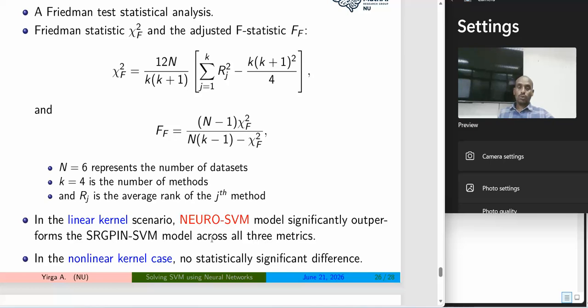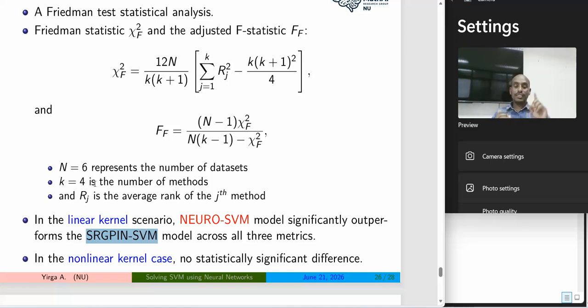In general, what we obtained in the linear kernel scenario for the simple datasets is that the neuro SVM, meaning the neurodynamical SVM, our model, significantly outperforms one of the models, the smooth rescaled generalized pinball loss model, across all 3 metrics: accuracy, MCC, and F1 score.